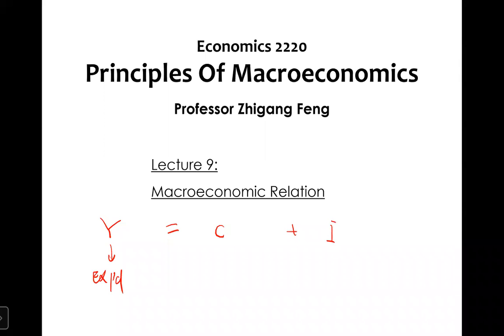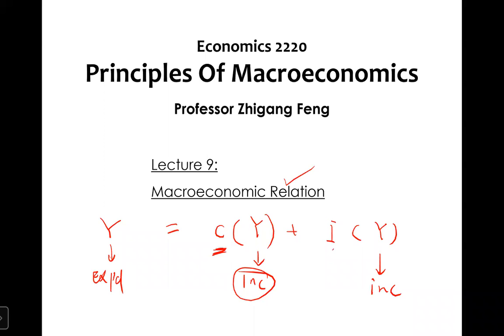But C is going to be a function of Y, and this Y is called income. Similarly, I is going to be a function of income. But for now, we need to finish the discussion regarding the macro relationship, basically how C adjusts with income and how potentially I changes with income.